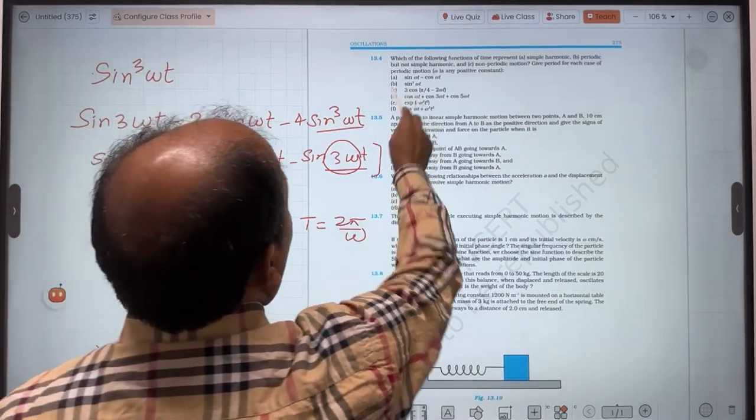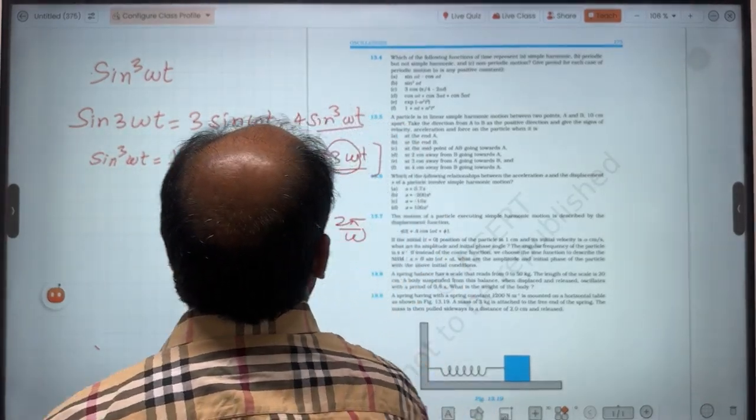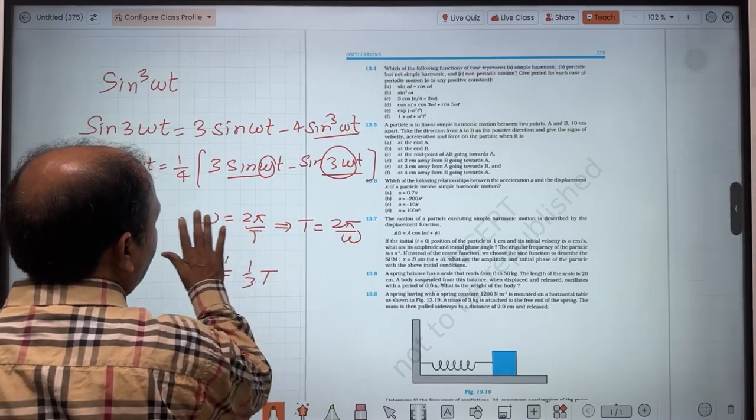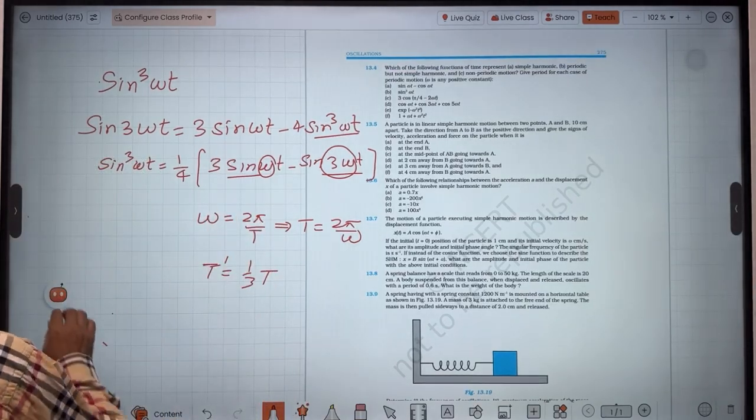Next question here, this is 3 cos of pi by 4 minus 2 omega t. This will represent periodic motion.